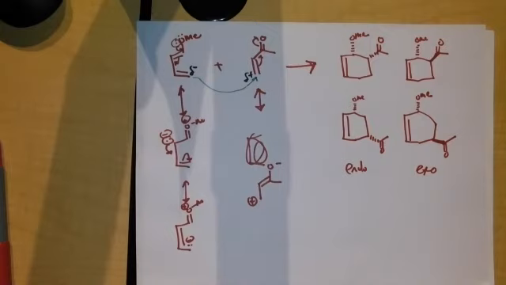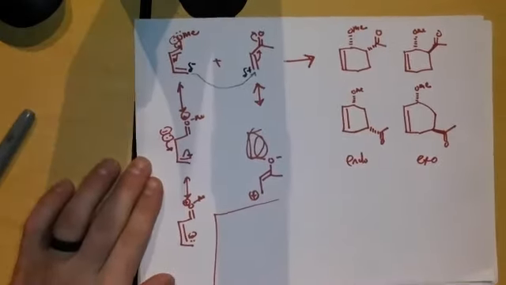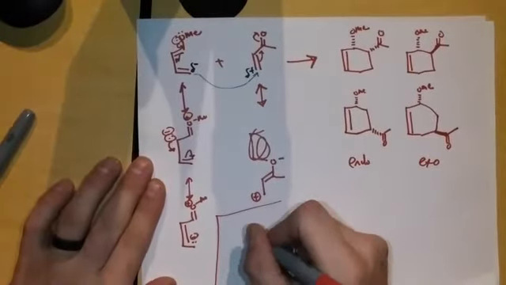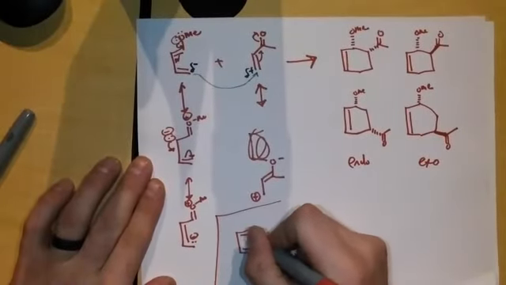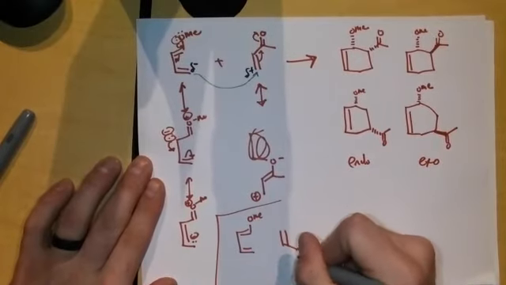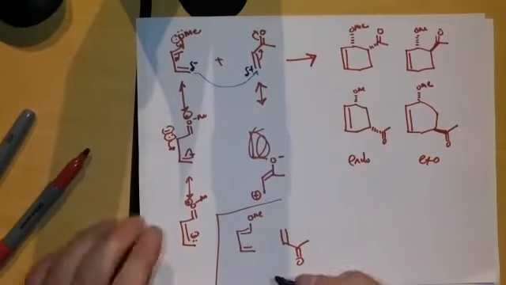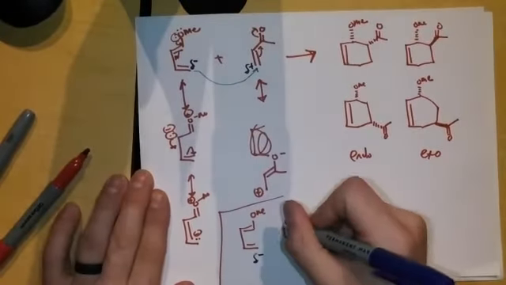If I think about the other structure, my other possibility would be, let me box this out a little bit, where I've now flipped this over, drawing in those same partial charges.